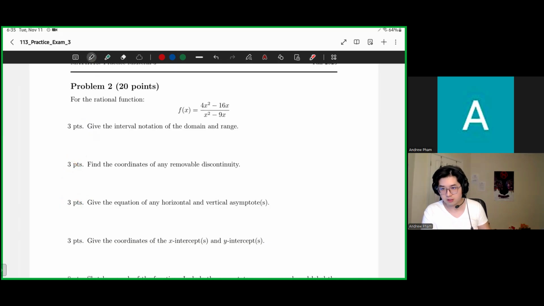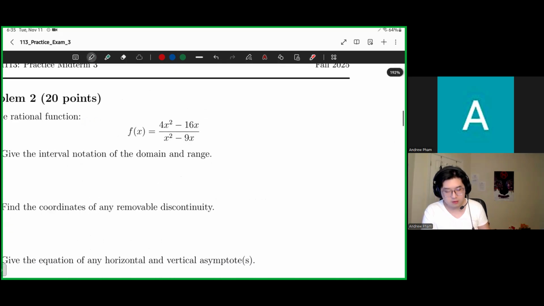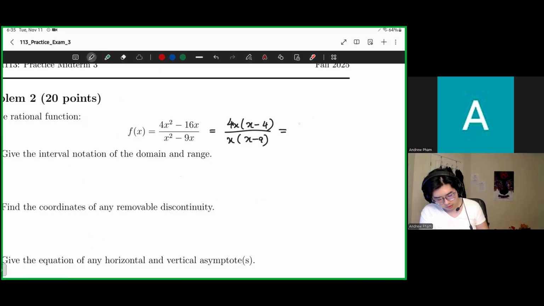In order to determine those, let's first factor this out. This function is factorable, and factoring is, of course, the first thing that you should do in any problem. If I factor the top, I get 4 times x minus 4. On bottom, I get x times x minus 9. And I can cancel out the x terms to get 4x minus 16 over x minus 9, as so.